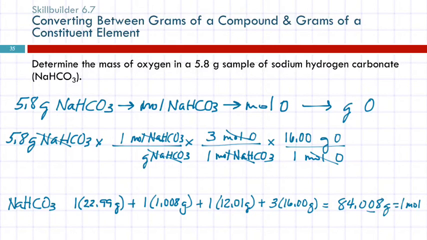So we just figured out that 1 mole of sodium hydrogen carbonate weighs 84.008 grams. So now just multiply and divide across. 5.8 times 1 divided by 84.008 times 3 divided by 1 times 16 divided by 1 equals, based on my starting number here, 2 sig figs, 4 exact, so this should have 2 sig figs at the end. 3.3, there's my second significant figure, write down 2 extras, 3.3 grams of oxygen.